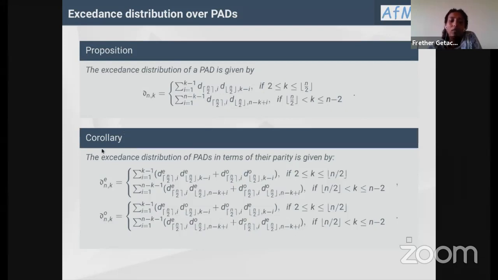If we also take the parity on this exceedance distribution on paths, we have this formula, which is a little bit long, but also depends on the derangement numbers.